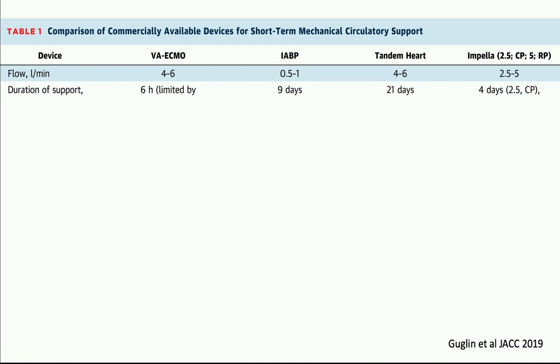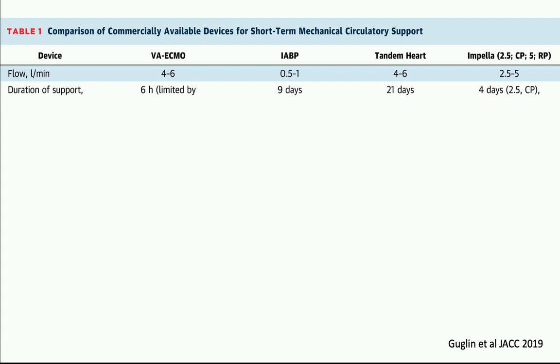There's a new impeller which has been produced, which can increase cardiac output to about 6 liters per minute. The FDA have given approval for use for around 6 hours. However, in our institution, we often use this for as long as 2 weeks if we think the patient's going to recover.